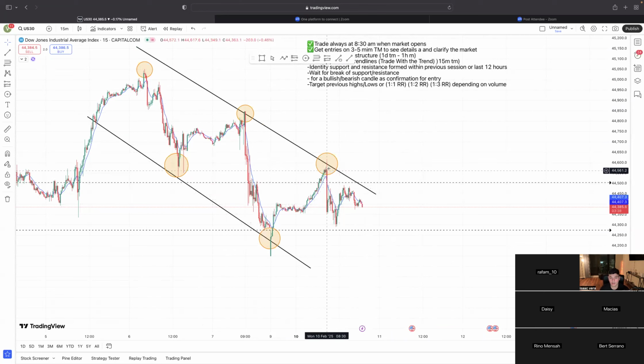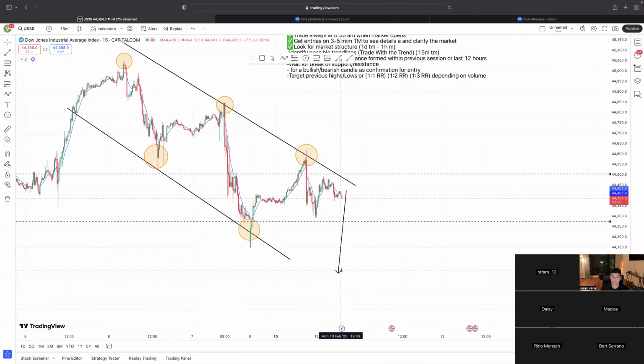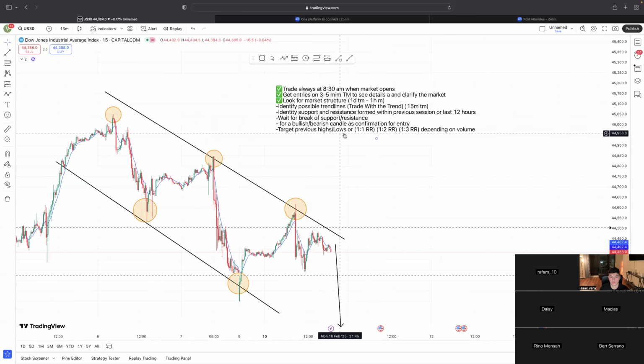But it looks like it is respecting the resistance, and we are going to come back to this side and create a new lower low right around here. So I'm expecting sells tomorrow. That's another confirmation I use for my entries. Always identify possible trend lines within the 15-minute time frame.